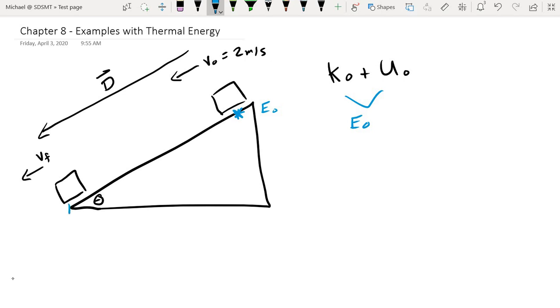And then down at the bottom, once we've reached the bottom of the incline, we'll call that E final. No matter what happens in our system, conservation of energy has to be maintained. So the energy in the system at the initial point has to equal the energy in the system at the final point. And there will be some combination of kinetic and potential energy down at the bottom point.